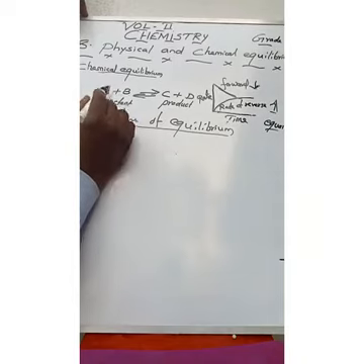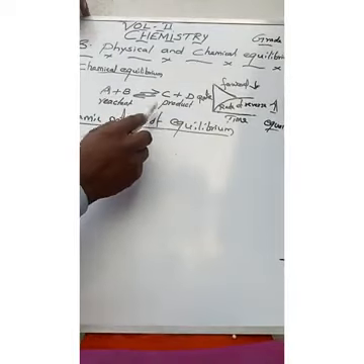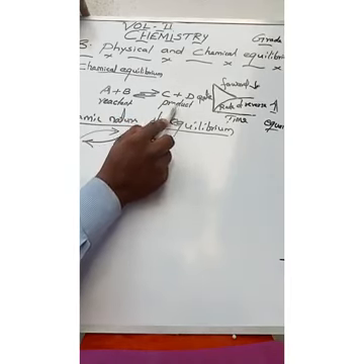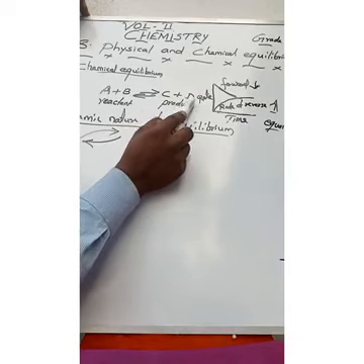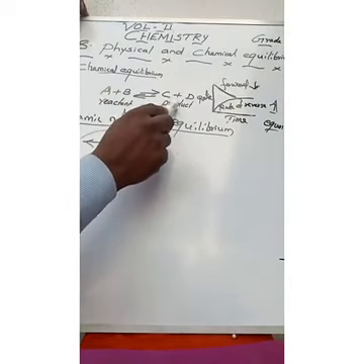For example, in the previous equation A plus B gives C plus D, A and B are the reactants and C and D are the products. The reactants react to give products, and in the reverse reaction the products C and D react to give back the original reactants. That is the dynamic nature of equilibrium: both forward and backward reactions occur.